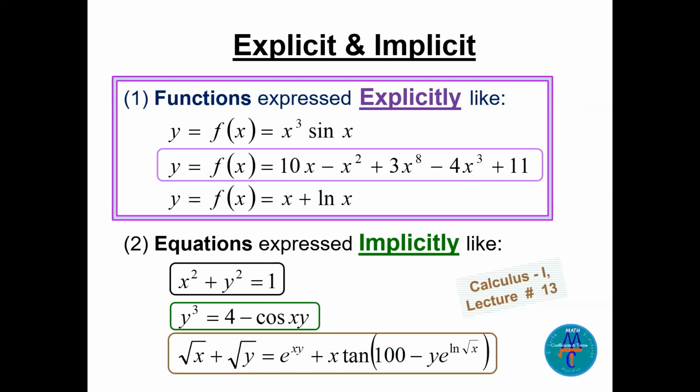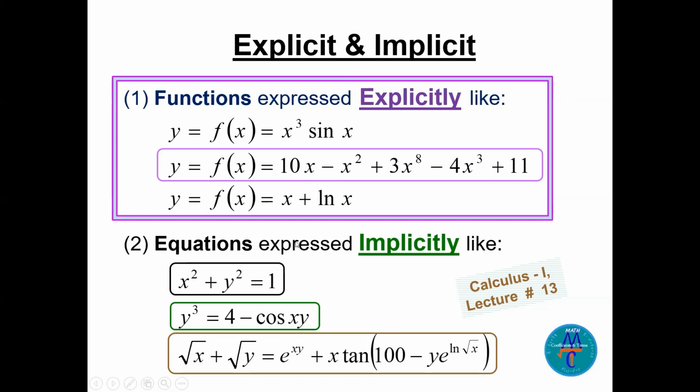Explicit and implicit. This is lecture number 13 in Calculus 1. Functions expressed explicitly like this one, we can write easily y equals f of x equals something in terms of x only, like x cubed sine of x, or y equals a polynomial function, or y equals x plus ln of x.